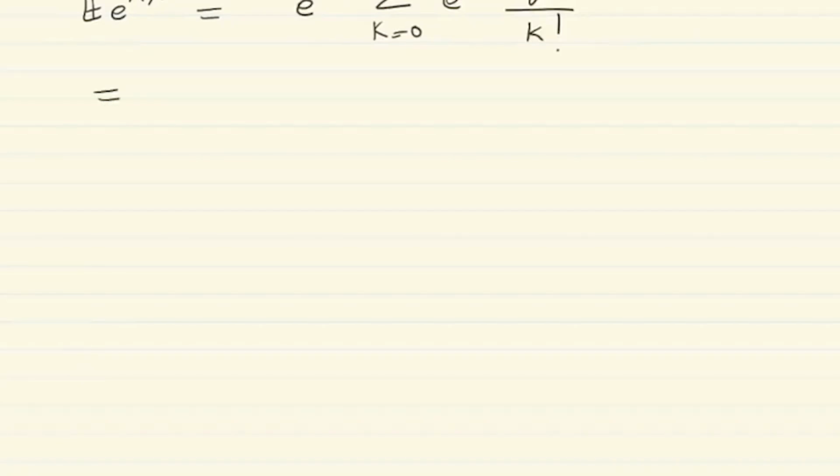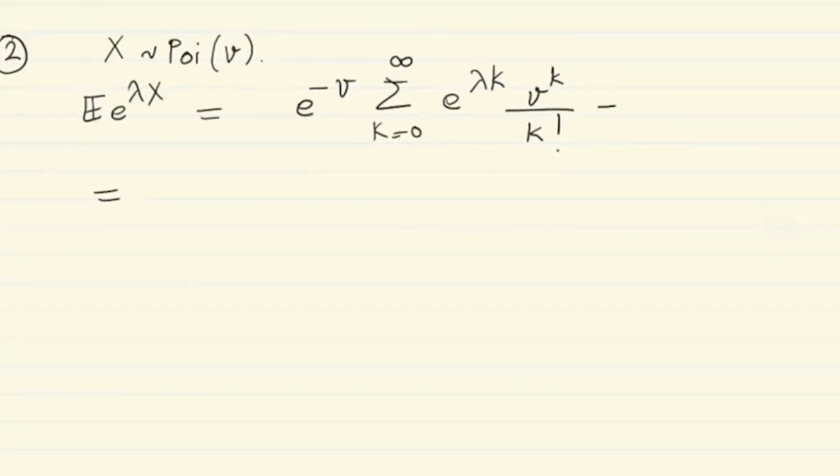Now one can evaluate this as follows. One can write this as e raised to minus v, sum over k. Let's collect v into e raised to lambda, and raise it to a common power k divided by k factorial.